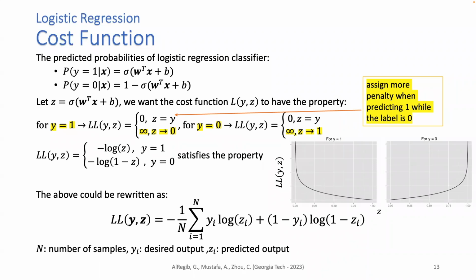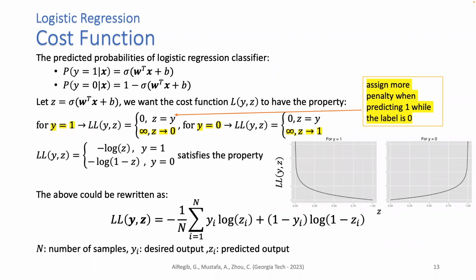However, if my ground truth is 1 and the output of the sigmoid, z, is approaching 0, very, very small, then I have to penalize. I have to pay quite a bit of penalty, infinity in this case, a very high cost. And vice versa: if y equal to 0, then my cost function will be 0 when they are equal, and very high if z goes to 1.